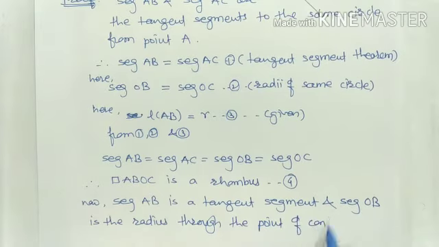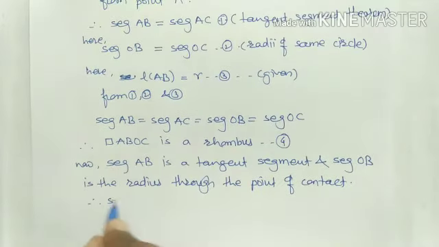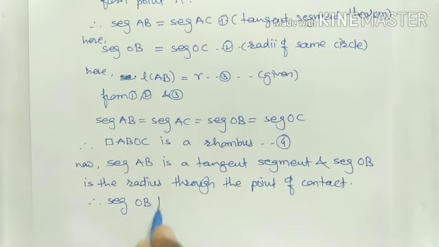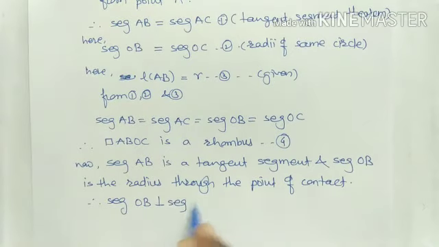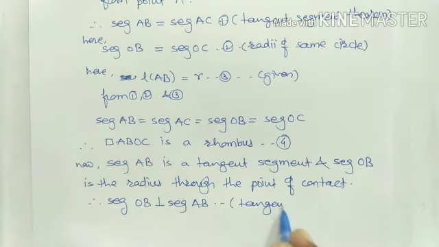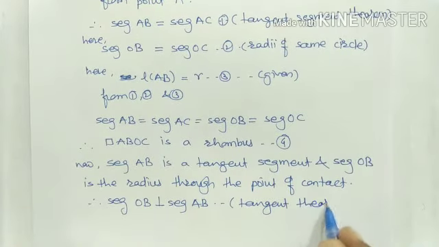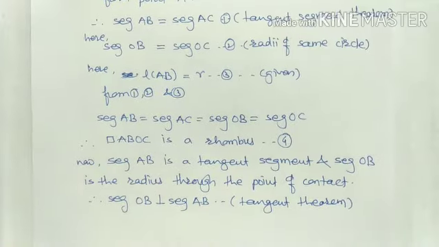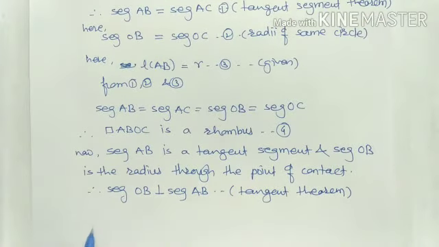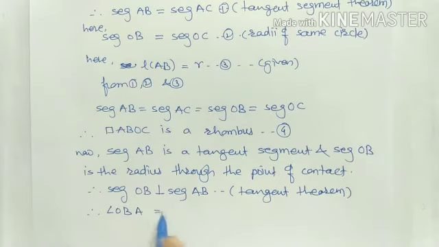So in figure, and therefore seg OB perpendicular to seg AB, reason: tangent theorem. And as this OB is perpendicular to AB, therefore angle OBA equals 90 degrees.